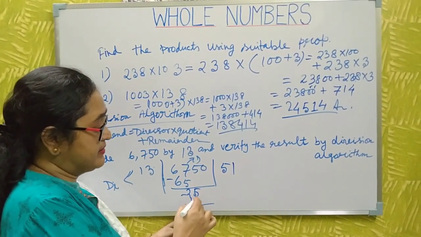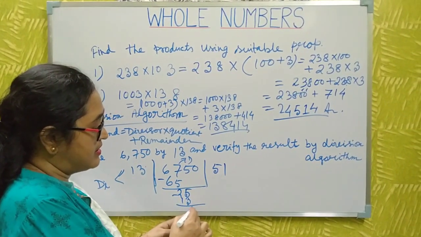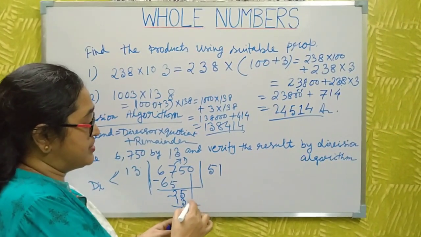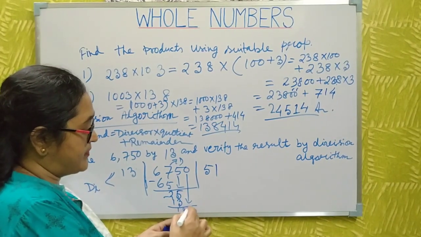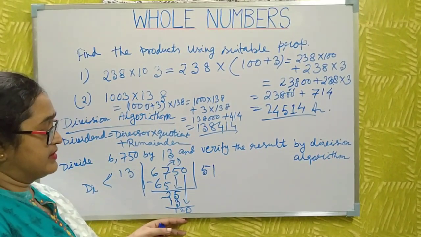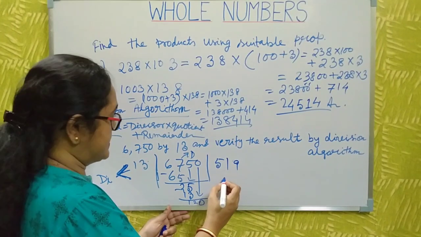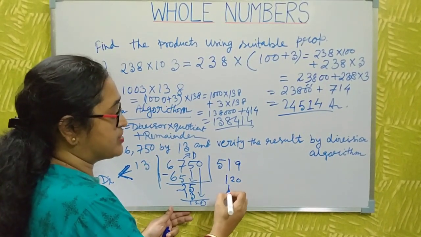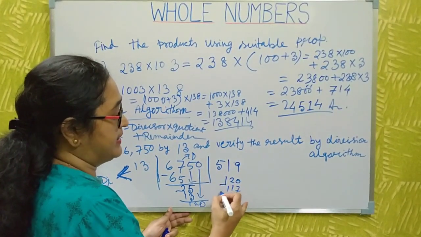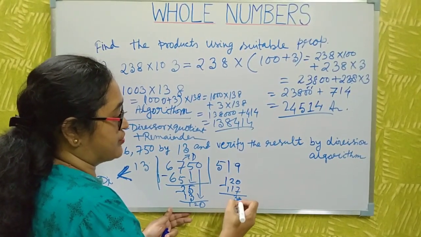Then this is here 12 and 0 comes down, then 13 9s are 117. I write here because there is no space, that's why. Now this is 3 also.